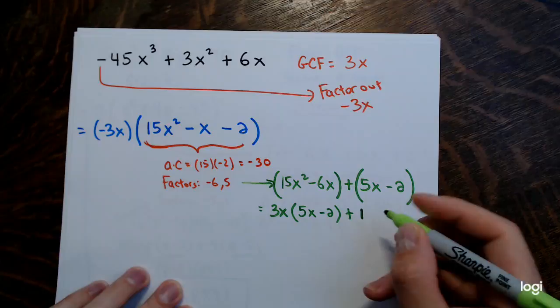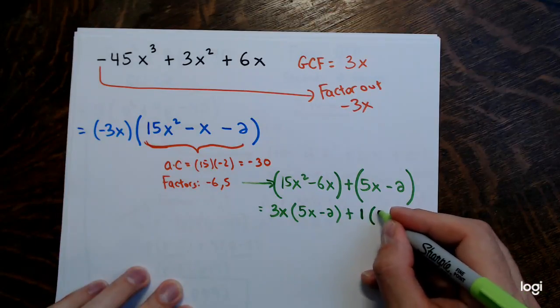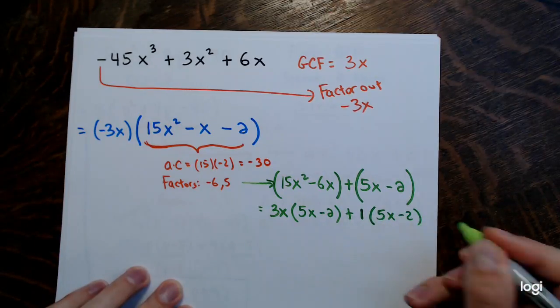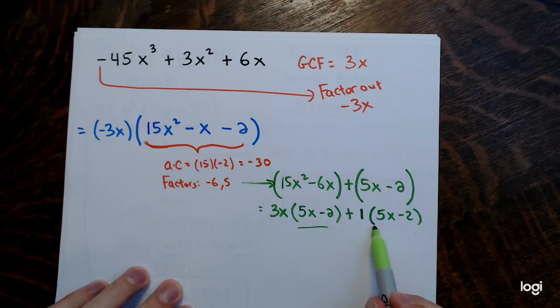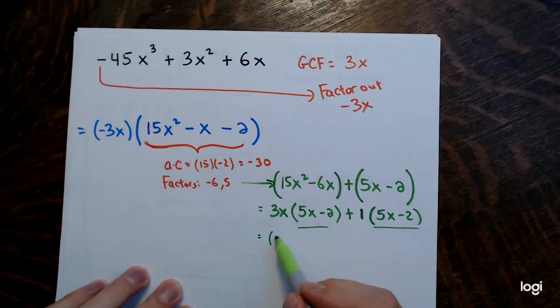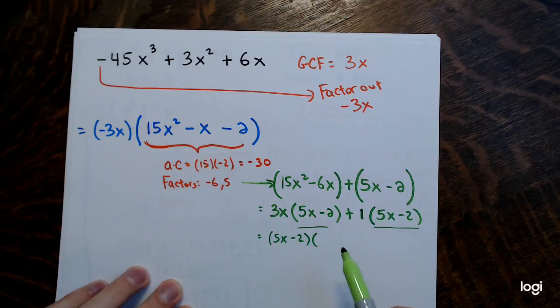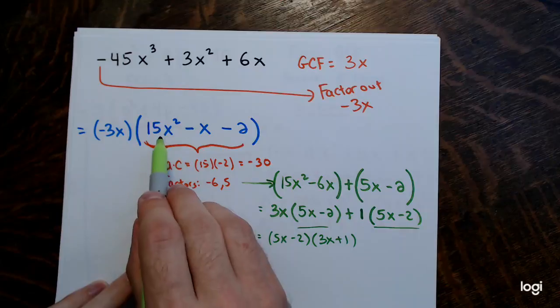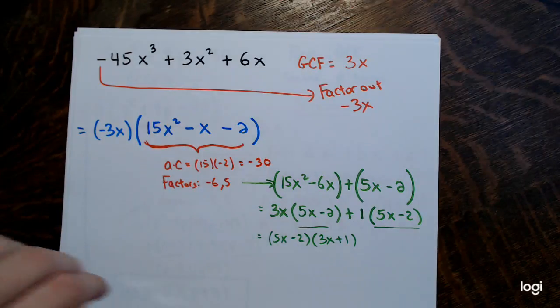So you can pull out a 1 times 5x minus 2. And then both these groups have 5x minus 2 as a common factor, so 5x minus 2 comes out. And when 5x minus 2 comes out, you're left with 3x plus 1. And if you were to multiply these two together, do the FOIL and combine like terms, you would get 15x squared minus x minus 2.